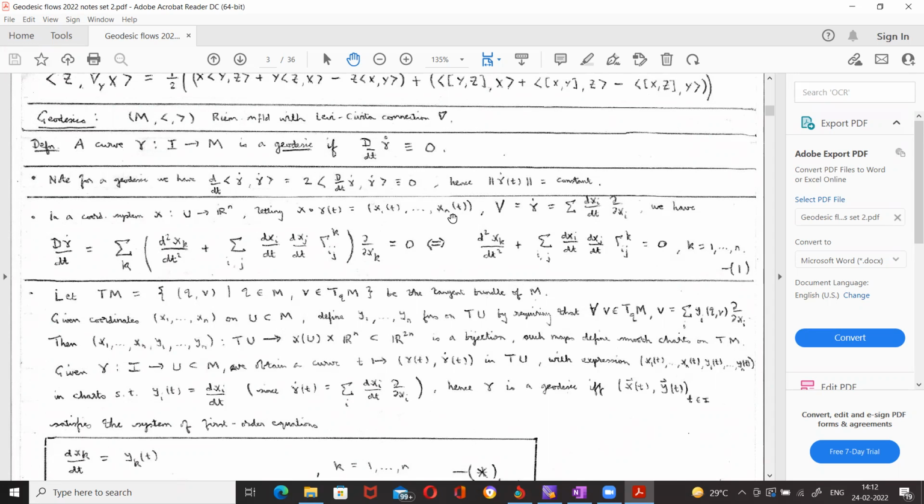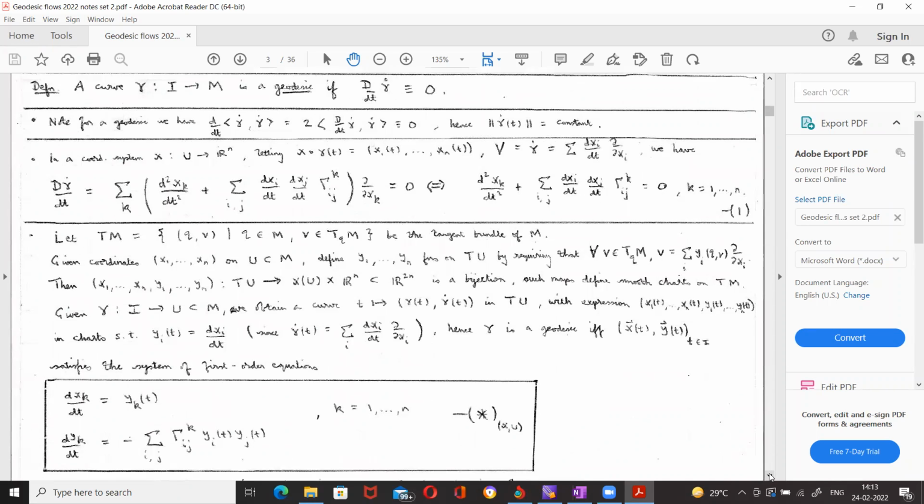And we saw that the equation D/dt of gamma dot equal to 0, once you write it in coordinates, is equivalent to a system of n second order differential equations, which are nonlinear differential equations. Okay, this equation here, where the nonlinear term involves the Christoffel symbols and the first derivatives.